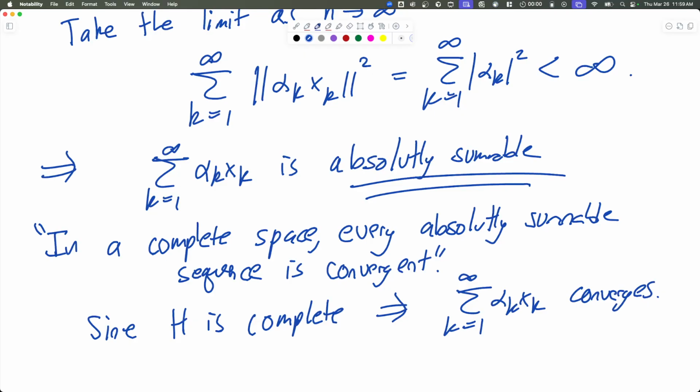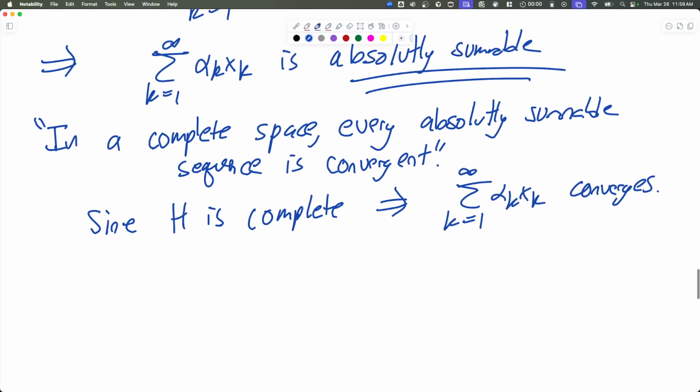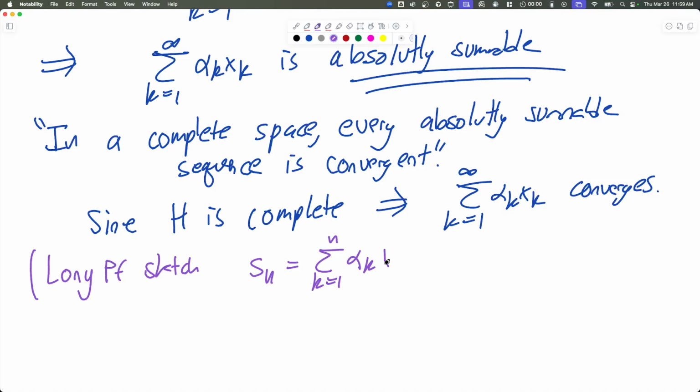If you want to do the full length proof, you would sort of prove this fact. And the way this fact works is you prove that the sequence summing up to n, so from k equals 1 to n of alpha k xk, is a Cauchy sequence. This is the long proof sketch. You let Sn be the sum from k equals 1 to n of alpha k xk.